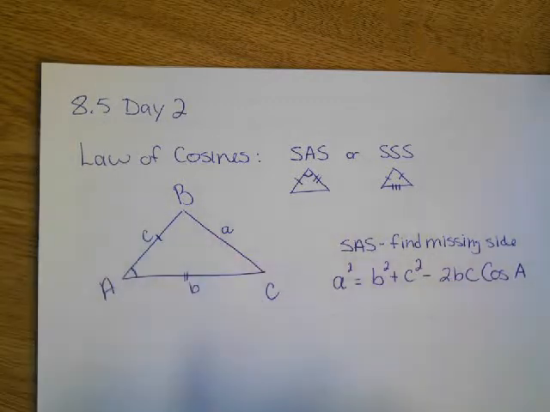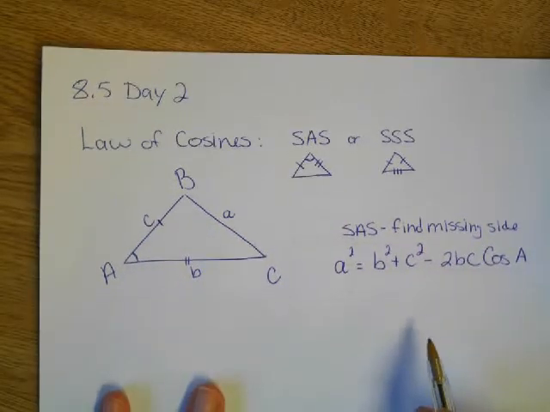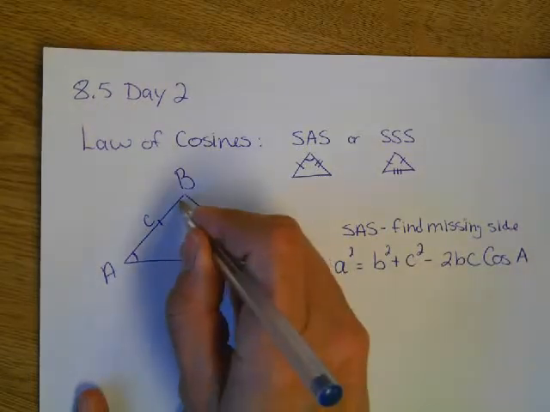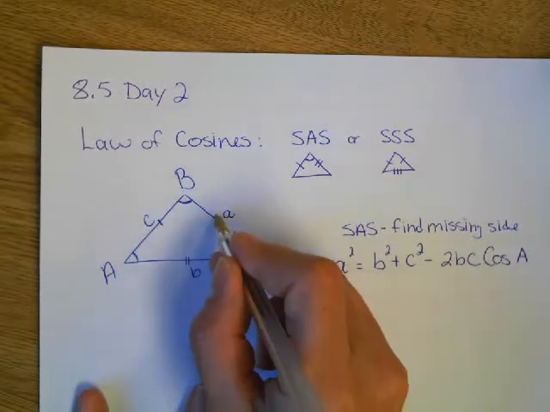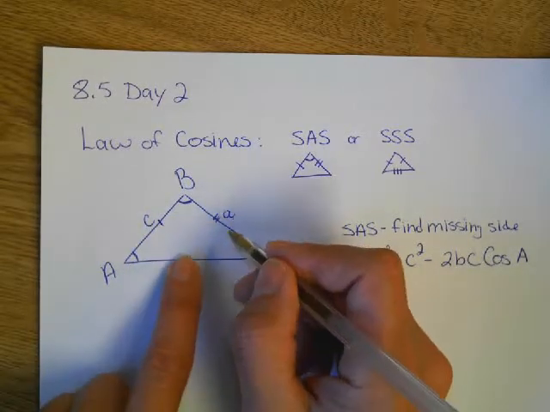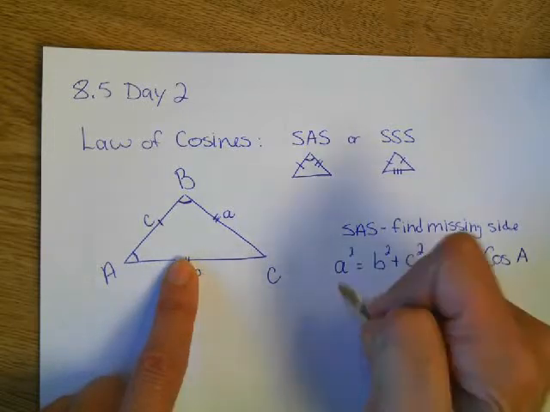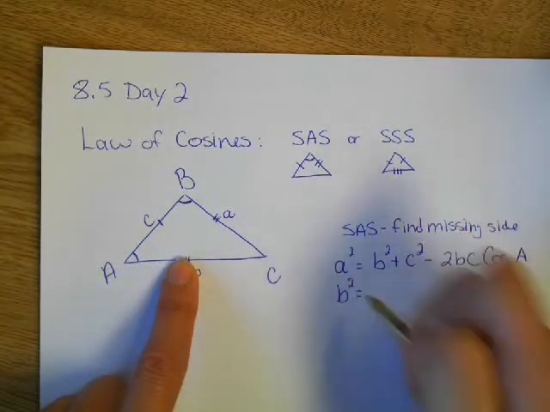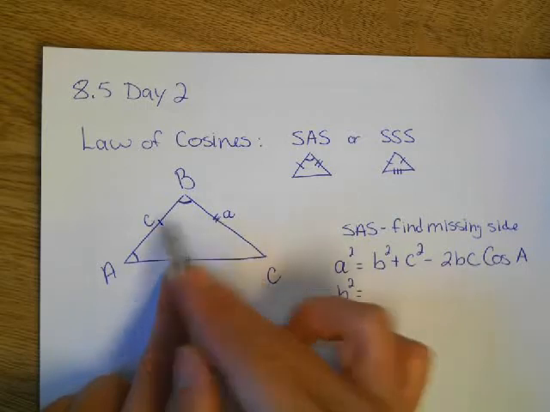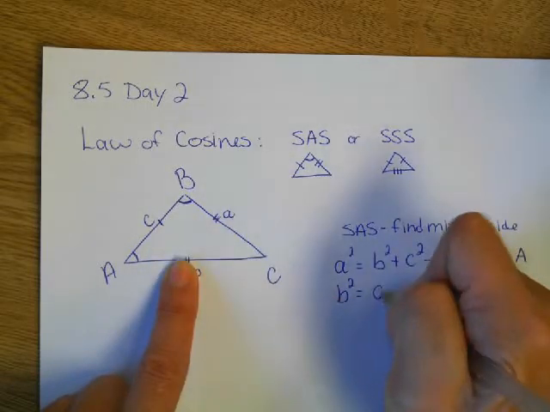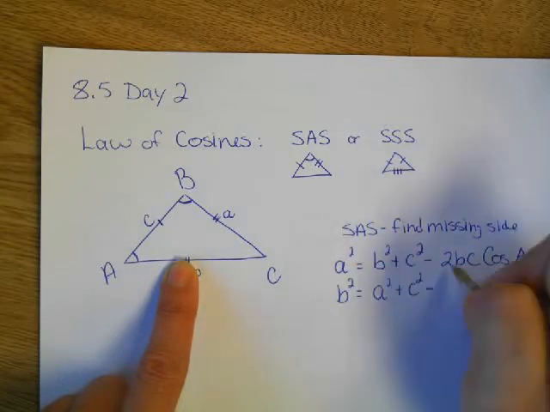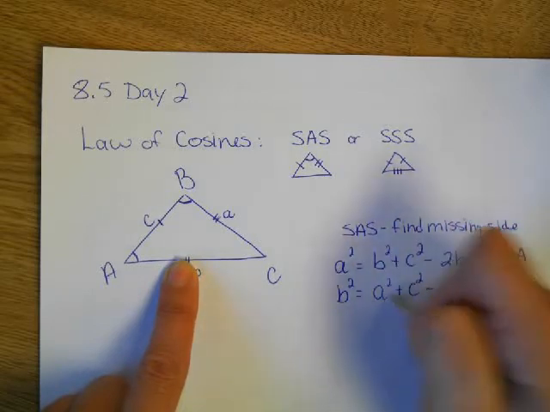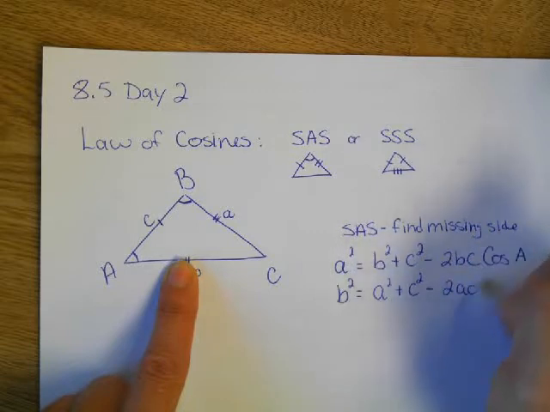And it would be the same thing as I rotate around here. So let's say we've got B known, and then that would mean C and A are known, and we wouldn't know B. So we would be finding little b first, and you would have to use the two known sides squared and added together, A squared plus C squared. Then you would be subtracting a product of 2 times A times C times the cosine of that known angle.